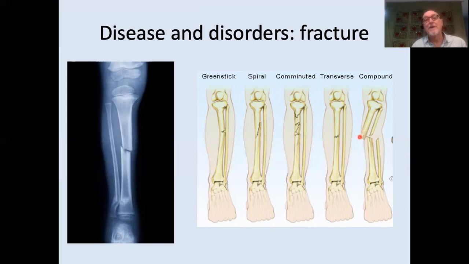And once we acquire infection in a bone, it is often extremely difficult to treat. It's often very, very difficult to get sufficient antibiotic into the bone, for example, through the circulatory system, in order to wipe out this infection. And these compound fractures need to be very swiftly treated.